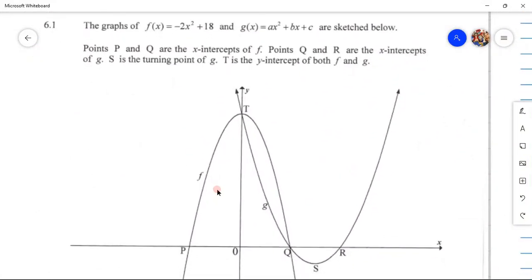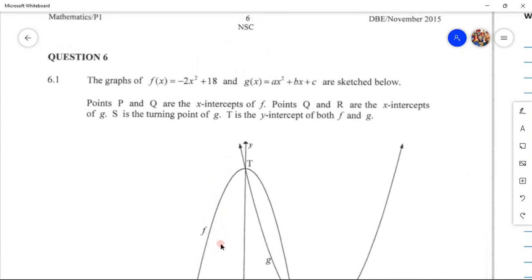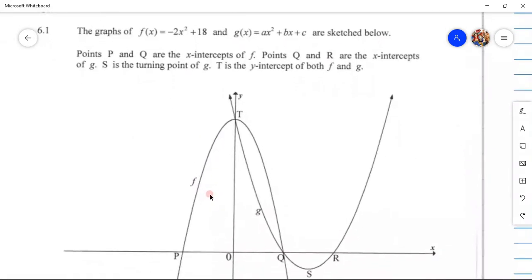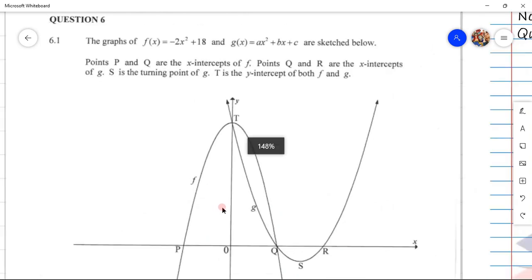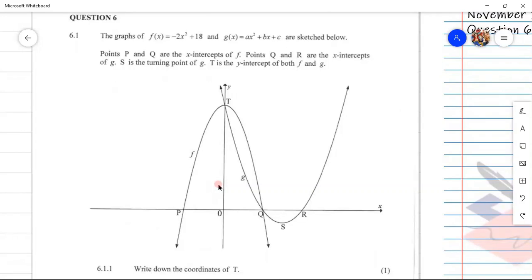So our first question is from a 2015 November exam. Let us analyze our graph and our question before we move on to actually answering our questions. So we've got question 6. The graphs of f of x equals negative x squared plus 18 and g of x equals ax squared plus bx plus c are sketched below.